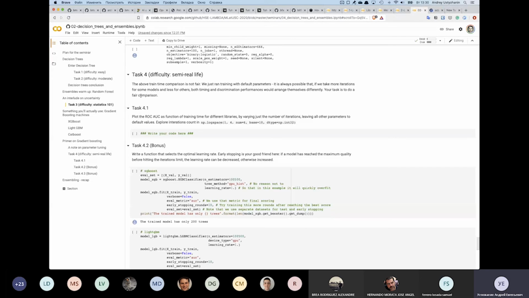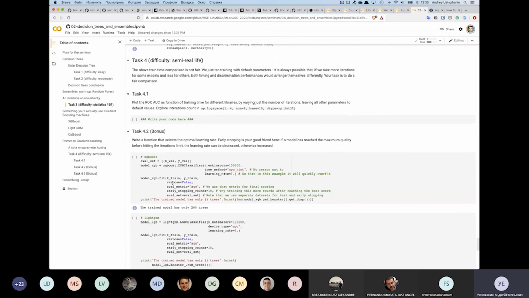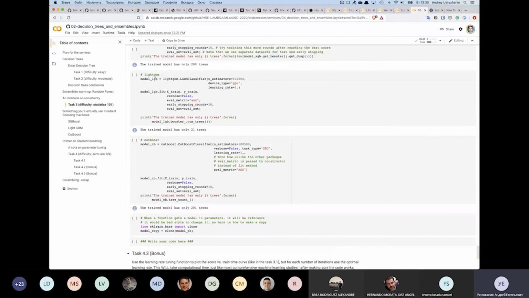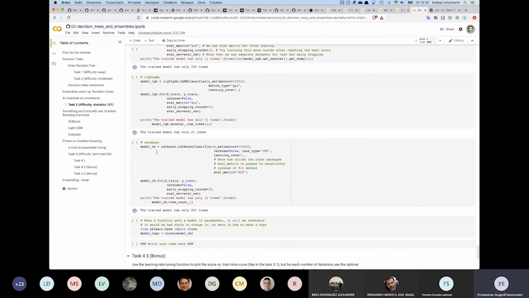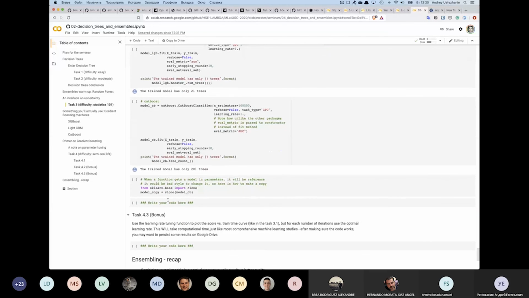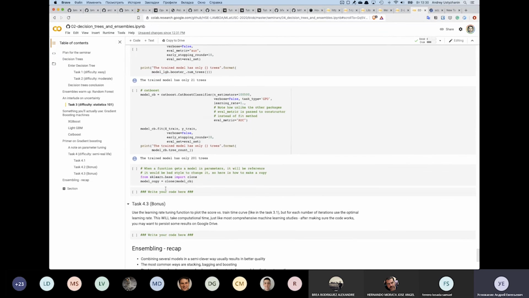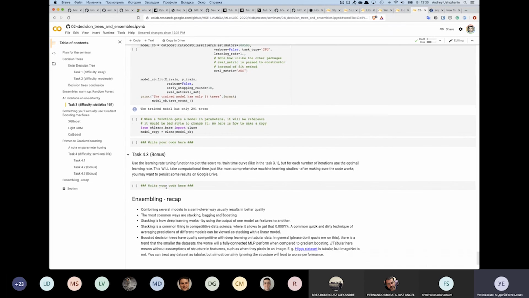Here, few lines of code that allow you to compare different classifier performance: XGBoost, LightGBM, and CatBoost. And you could compare how different those models are on a Higgs dataset.